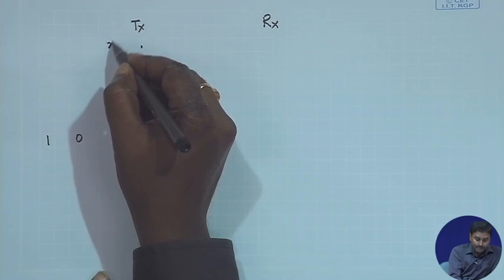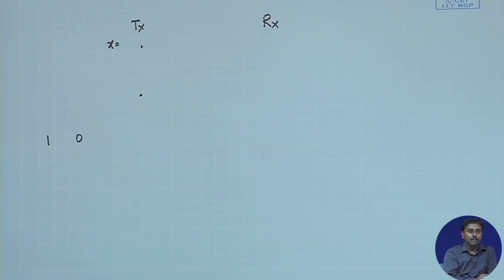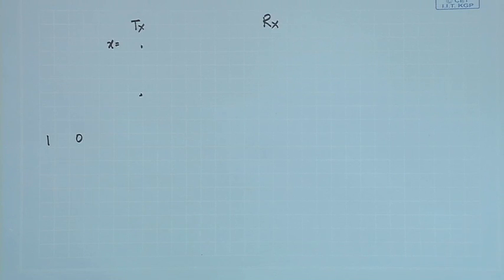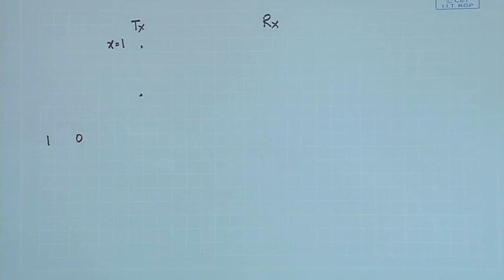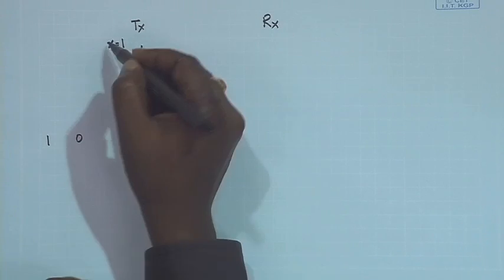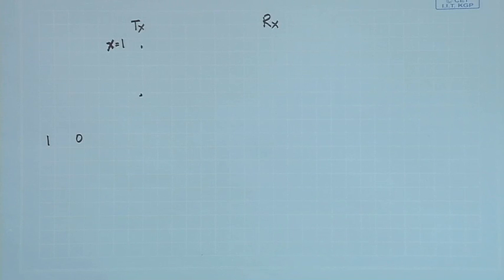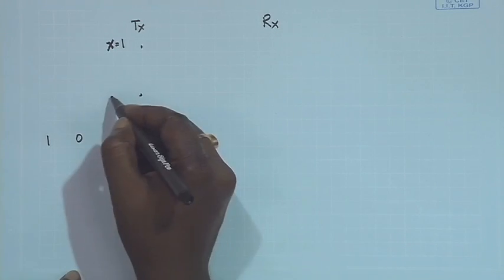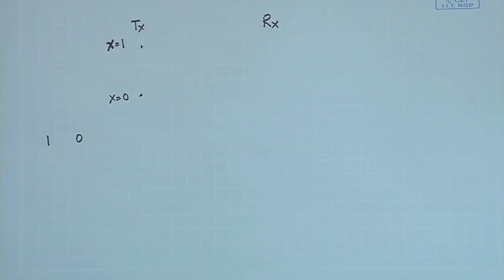So let us say at the transmitter, because we are transmitting events, there is a random occurrence of these events with, let us call it, a variable x. X can take 1 or x can take 0. These are the two possible outcomes, and associated with them there are some probabilities.